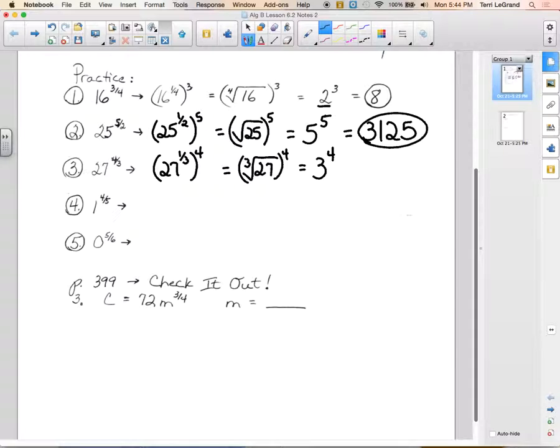And again, if you don't know that one off the top of your head, that should be in your powers table also. 3 to the 4th power means 3 times itself 4 times. So we have 3 times 3, which is 9, times 3, which is 27, times 3 again, should get 81. Prediction held true. We ended up with a number larger than 27 because the fraction exponent was larger than 1.